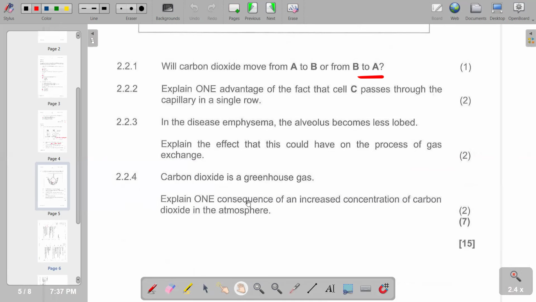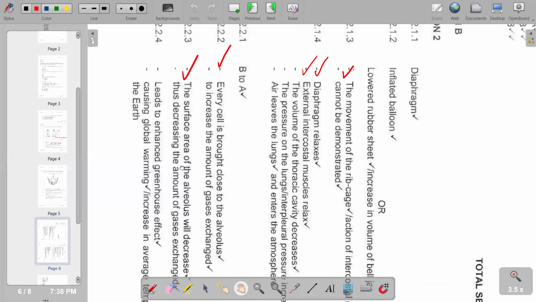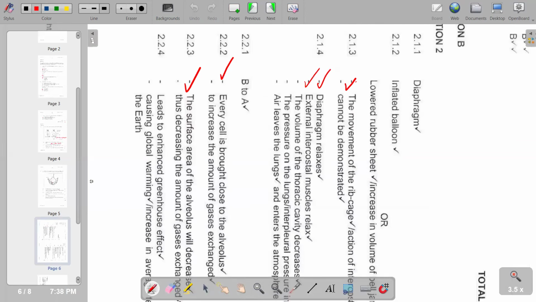So you'd see that the consequence is that it leads to enhanced greenhouse effect, causing global warming or increase in average temperature of the earth. That is one consequence that we can have, as explained in our answer section. On this part it leads to enhanced greenhouse effect, causing global warming or increase in average temperature of the earth.